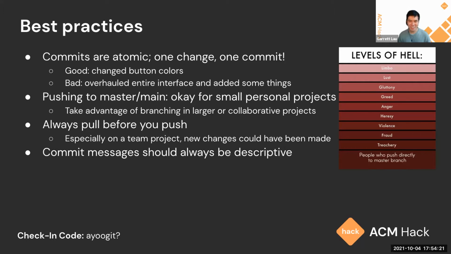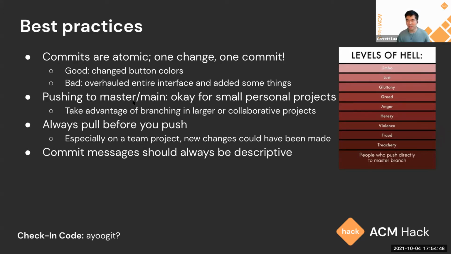If you make like a 1,000 line commit, that's not really good because if something breaks in that commit, you don't know exactly what broke it. You don't know which of the 1,000 lines could be causing that issue. So try to keep commits as small as possible. A good example would be just changing a button color, for example. Bad example would be overhauling an entire interface.